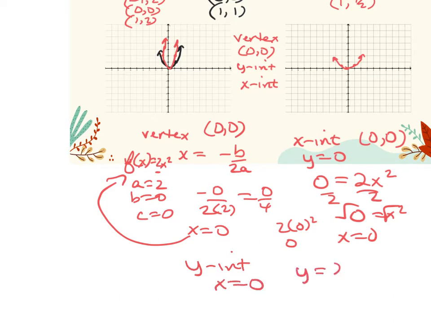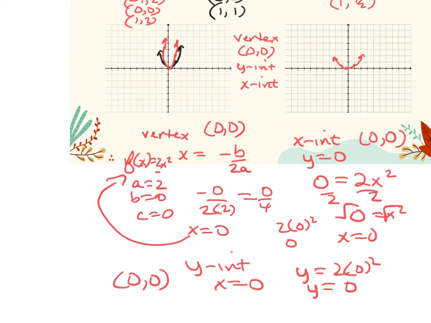So y equals 2 times 0 squared, and 2 times 0 is just 0. So your y-intercept is also 0, 0. You're not going to be asked to do anything this simple. This is better done by applying the shifts.